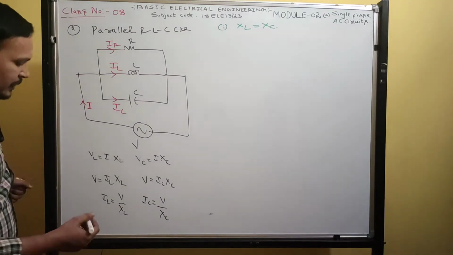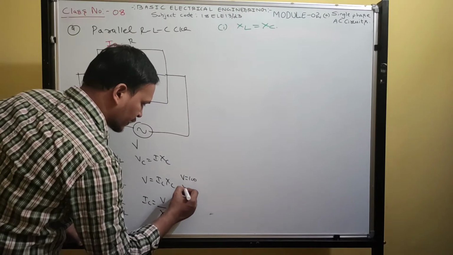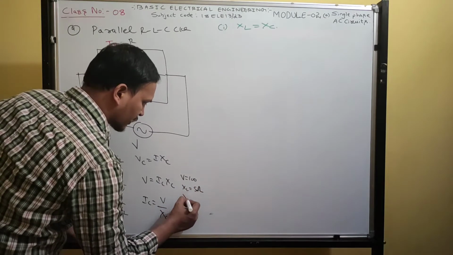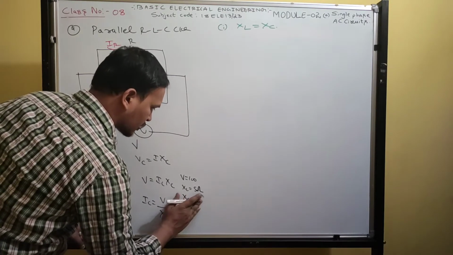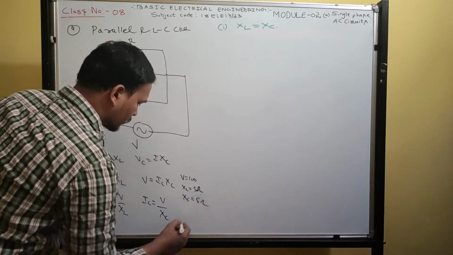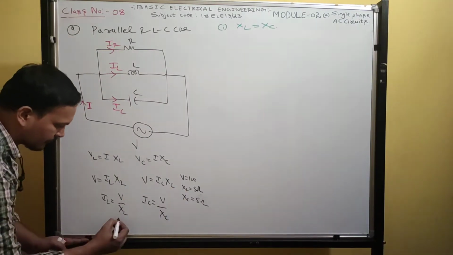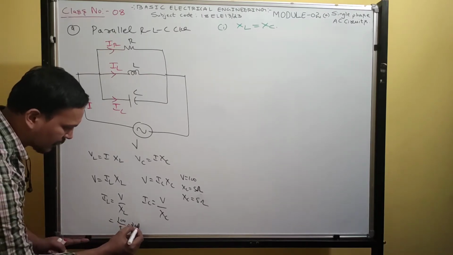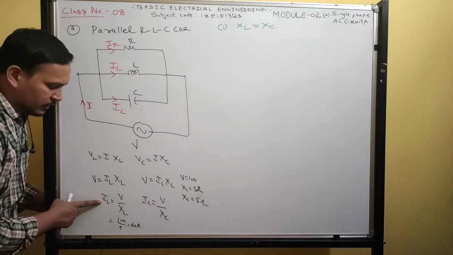Now take some typical values: voltage 100 volt, XL 5 ohms and XC 5 ohms. So 100 by 5 gives 20 ampere, the current flowing through the inductor.